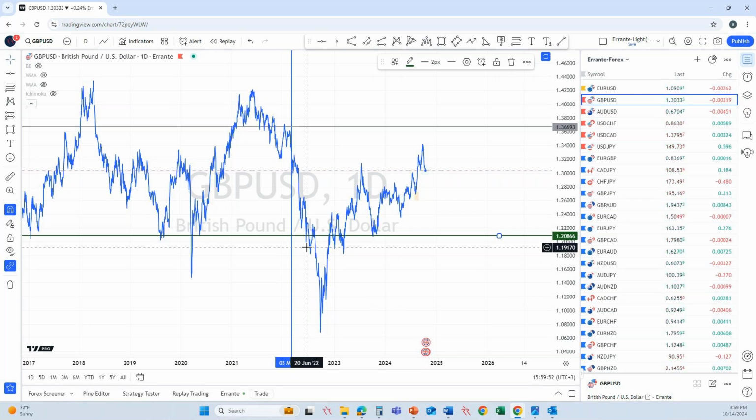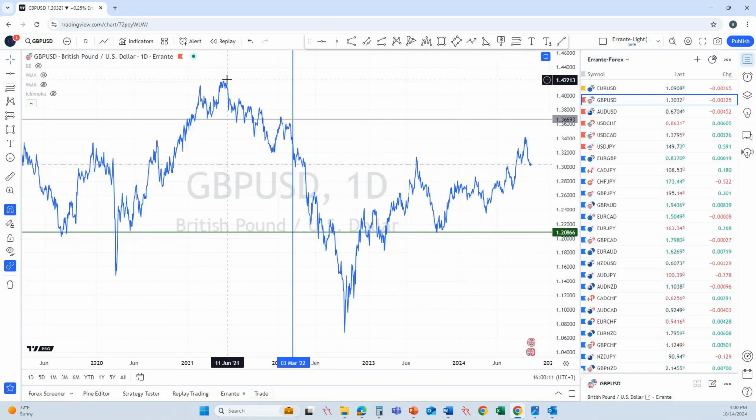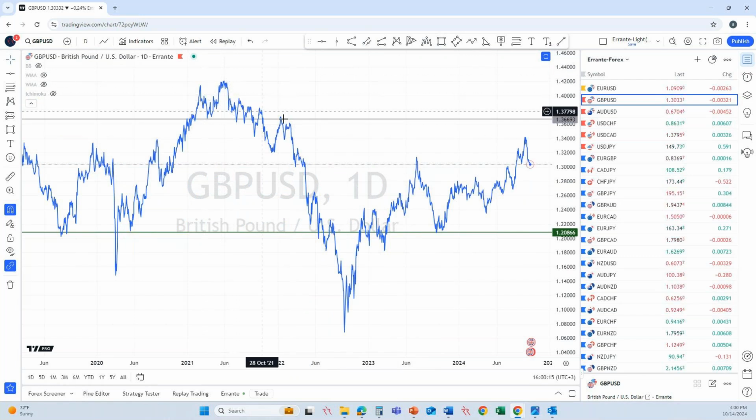So look for consistent higher highs and higher lows in the line for an uptrend, and lower highs and lower lows for a downtrend. As you see here, for example, we have higher highs and higher bottoms, so it's defined as a very beautiful uptrend. And vice versa, on the other side, for example here, we have lower tops and lower bottoms, which is a downtrend.